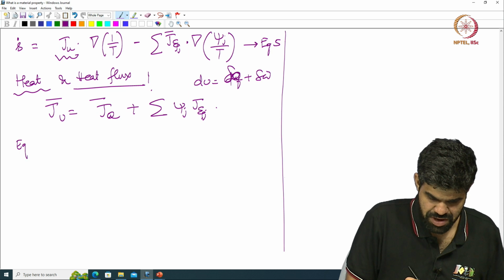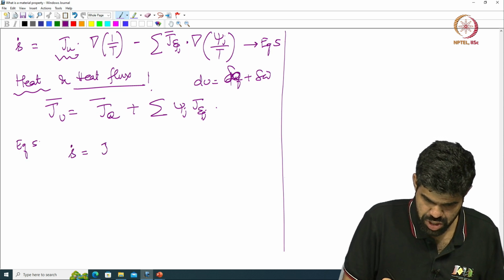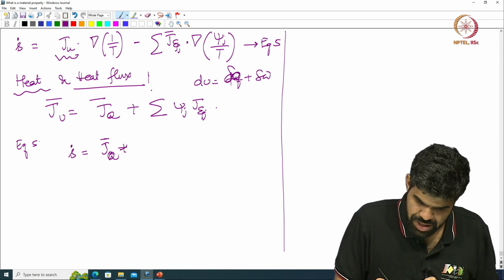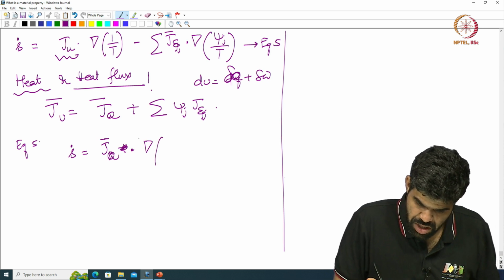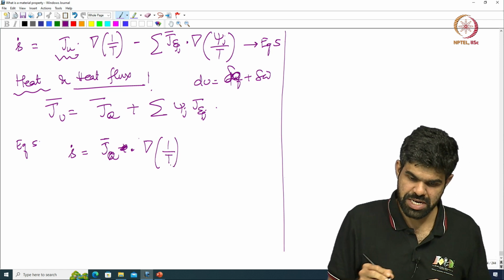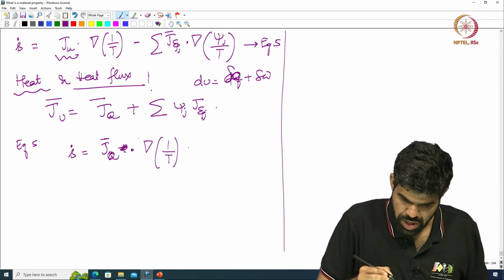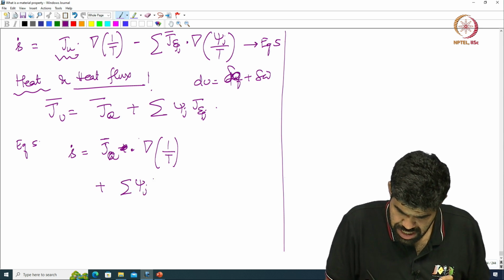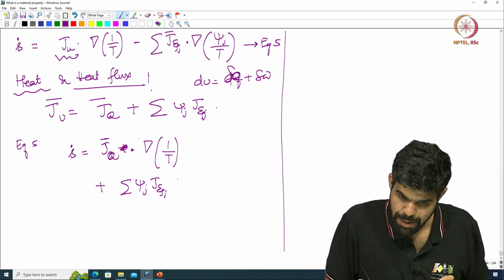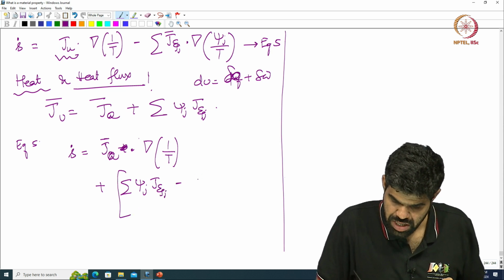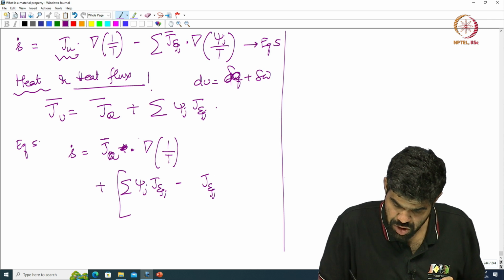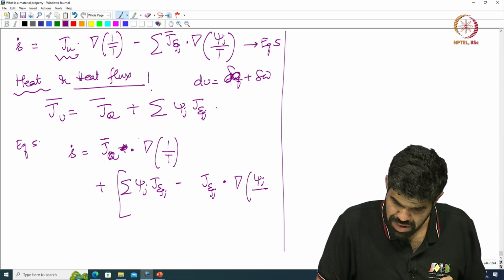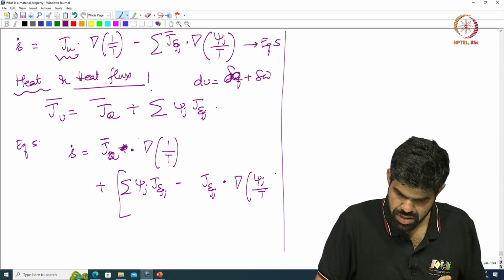In equation 5 I am going to write S dot equal to J u, or instead of J u I am just going to write J q plus... okay. So J q times gradient of 1 by T, right, minus, okay. So plus sigma psi j epsilon j minus, right, I am going to term these things together, j epsilon j dotted with the gradient of psi j by T, right.